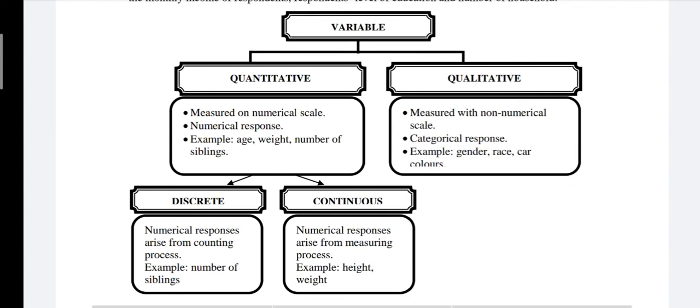Yang paling senang you nak beza adalah discrete, counting process, tak boleh express dalam bentuk decimal places. Continuous, measuring process, can be expressed ataupun can be measured using the decimal places.